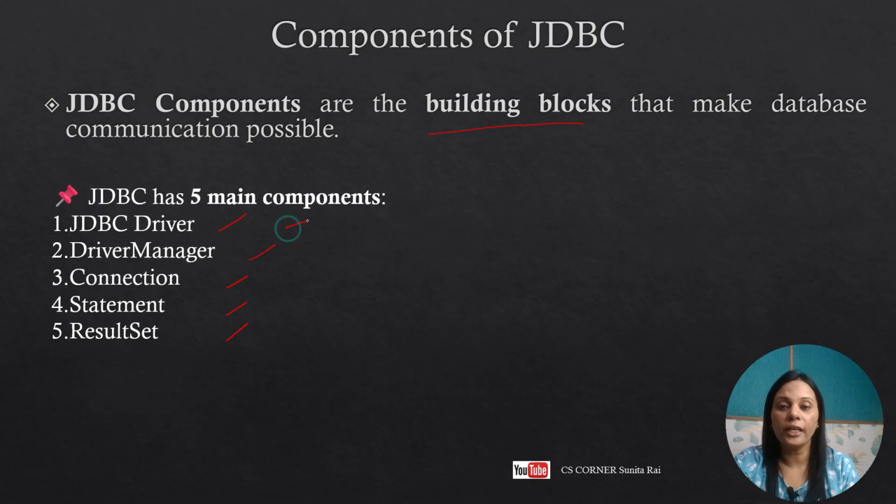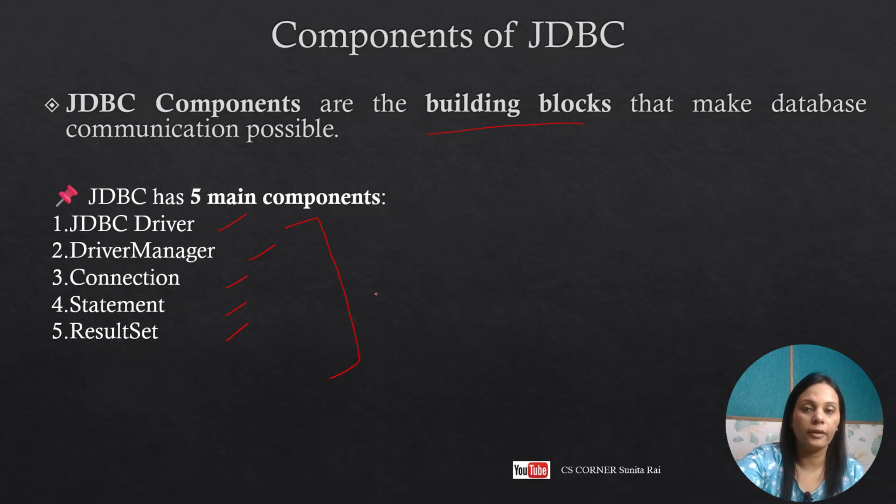Your entire JDBC program is done using these 5 components. Whether you are writing a small program for fetching the result from the database or a program which is going to update the data, for everything you are going to use these components. Depending on your requirement, your components will be used.